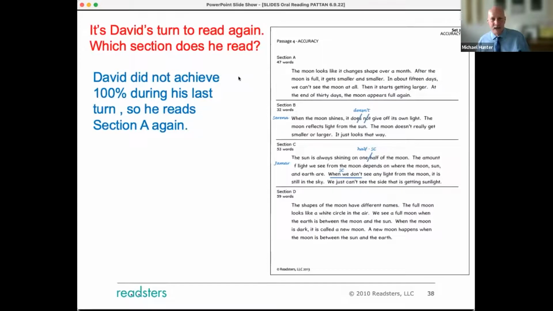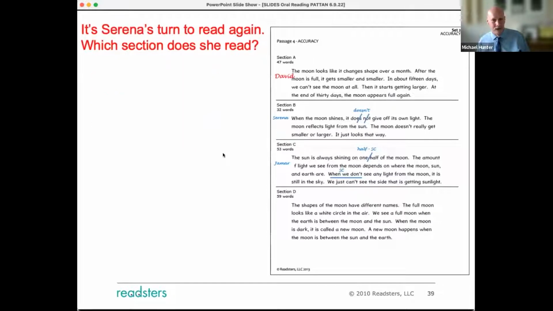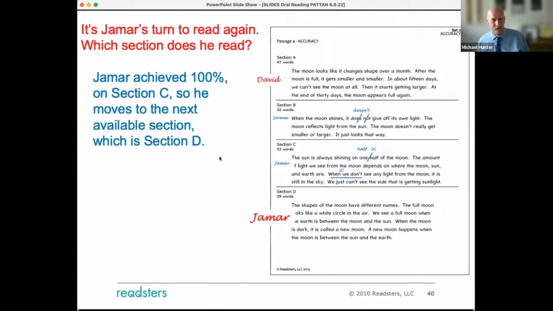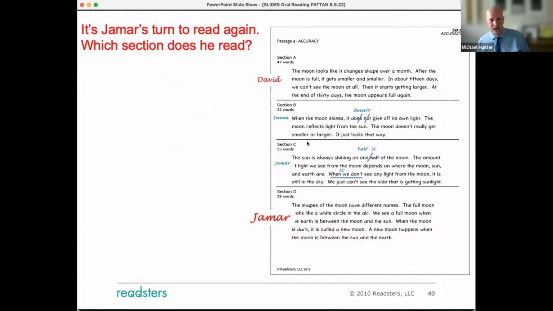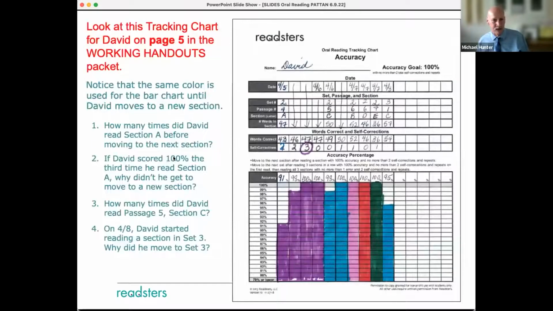David needs to read again. Because he didn't get 100% accuracy, he's going to read section A again. He doesn't move on yet. If we only had 3 students, Jamar could have section D. If we had 4 sections, he'd have to go to the next passage.